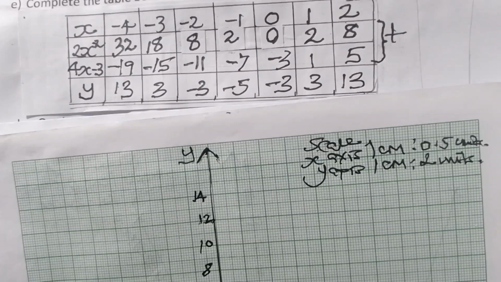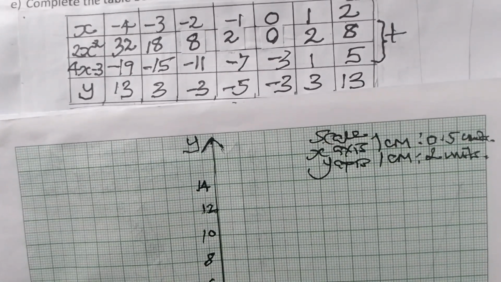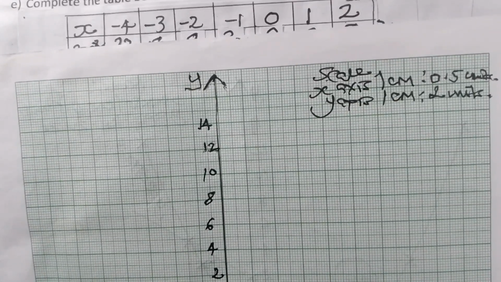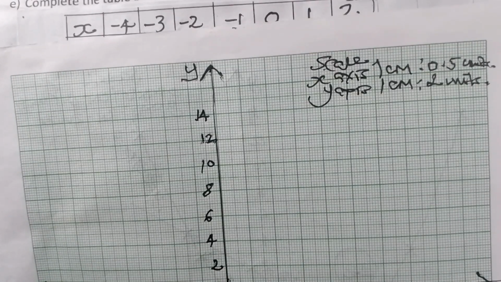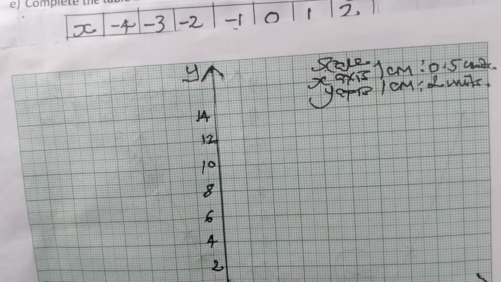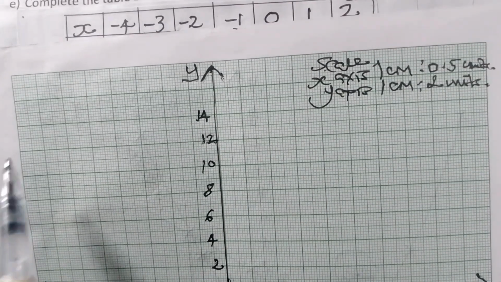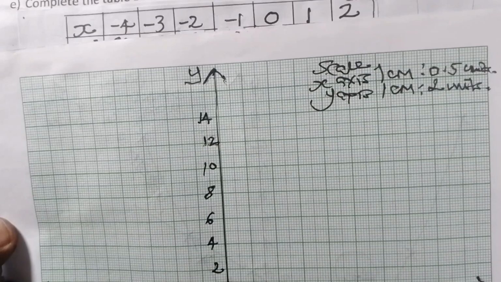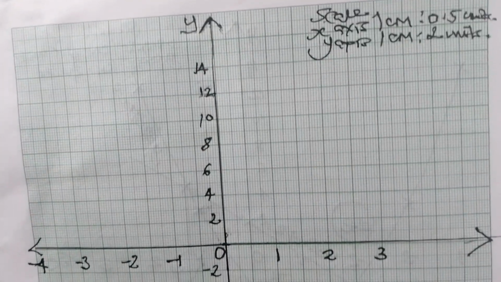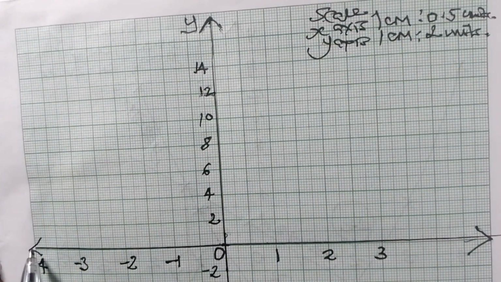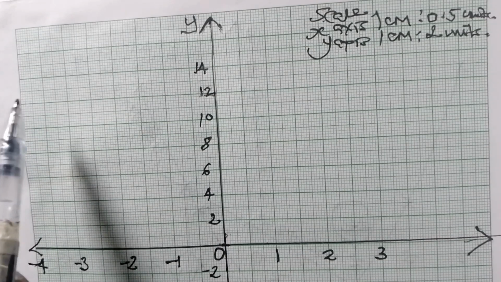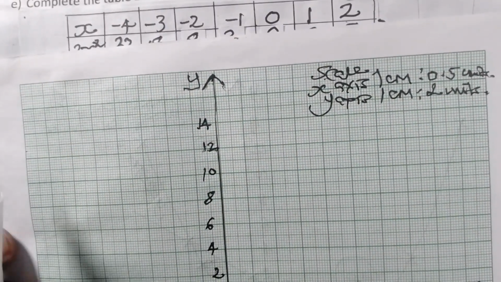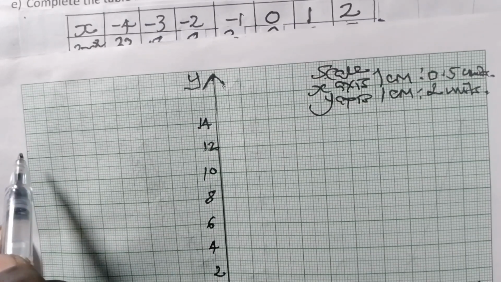So when x is -4, y is 13. When x is -4, right at the end, y is 13. 13 is between 12 and 14. So look at where -4 is. -4 is here, right at the end, and 13 is between 12 and 14. You put a mark here.